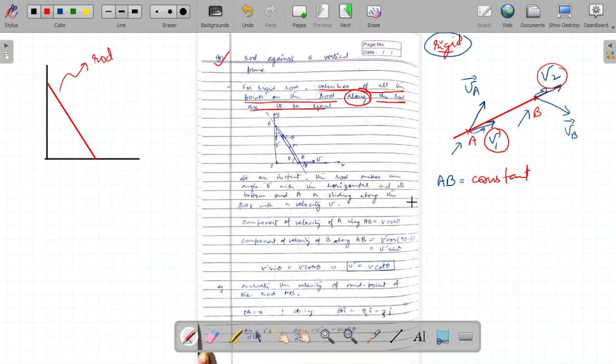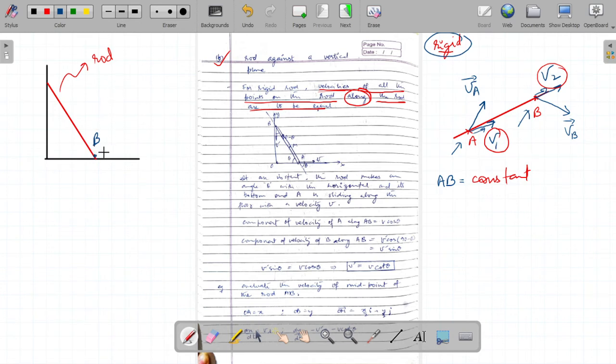So how do we apply it? Let us see how we are going to apply it. Like this case, the rod is leaning on a wall. We are usually given the velocity of one of the points on the rod. Let's say we are given the velocity of the bottommost point, as is given in this figure.